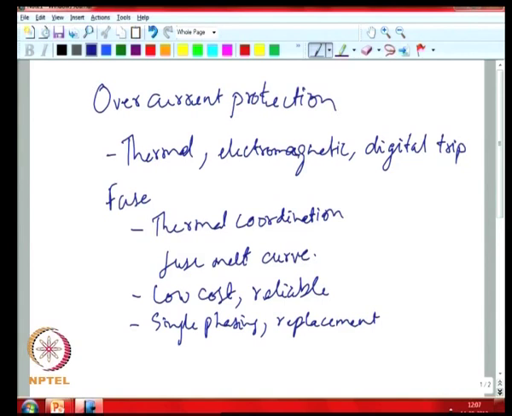Because it is low cost and quite reliable, it is often used at the end of the system where cost is very critical, closer to the end of your distribution radial structure, or it can be used as a backup protection.